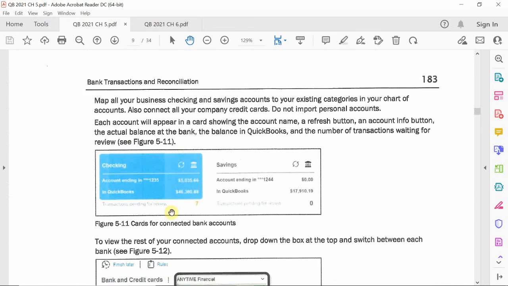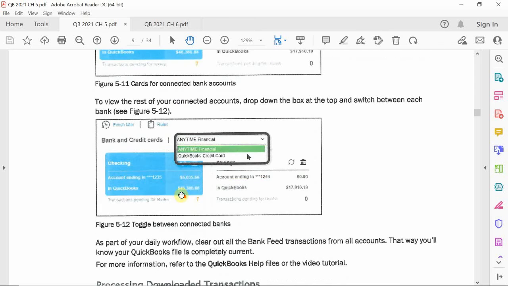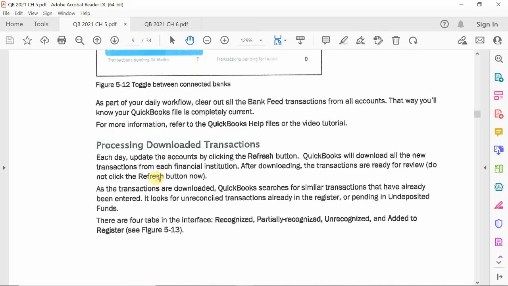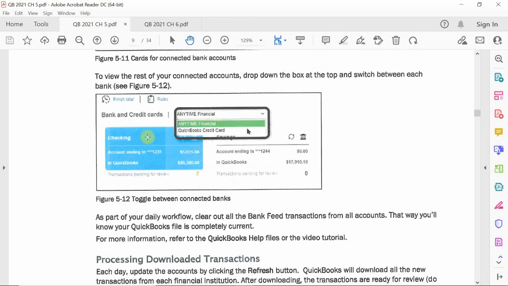But once you have access to it, you'll have an overview of all your credit cards. When you log into the banking center, you can select the credit card, bank account, or checking account, whatever it is.